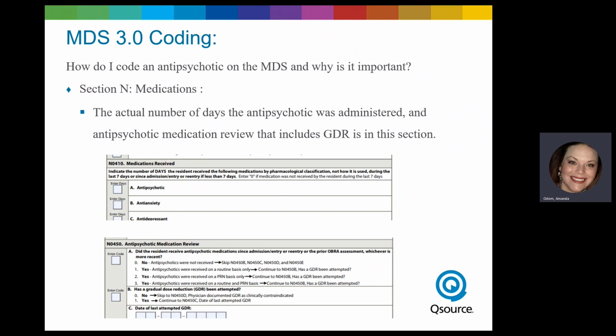It is important to understand how and why antipsychotics are coded onto the MDS because this will affect your CASPER report, which is pulled by surveyors, and will affect your quality measures related to antipsychotics. Regardless of if the resident has an approved diagnosis, the resident on an antipsychotic will still flag on your CASPER report.